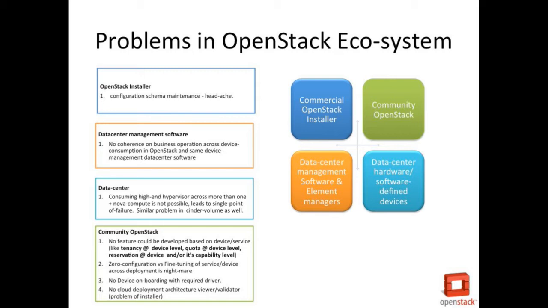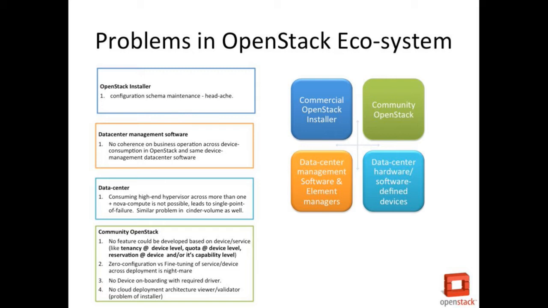And for the data center, if you take any hypervisor or storage device, it is a one-to-one binding today. What I mean is, one Nova compute can handle only one hypervisor. Say you have a high-end hypervisor and you want to put 2 Nova computes on top of it in order to meet that high-end configuration. It is not possible today, because double counting comes up.